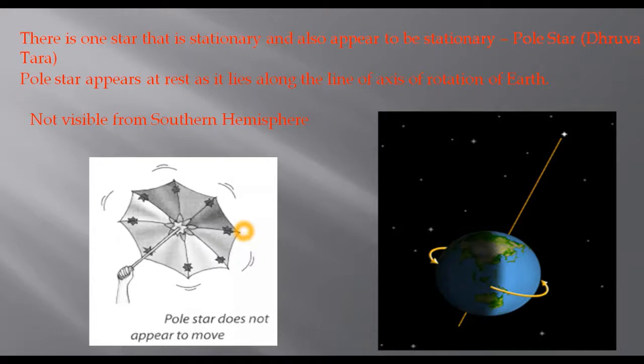This is an activity, you can do it. The fact that the pole star does not appear to move and remains stationary in the sky can be understood by performing this activity. You can take an umbrella and open it.